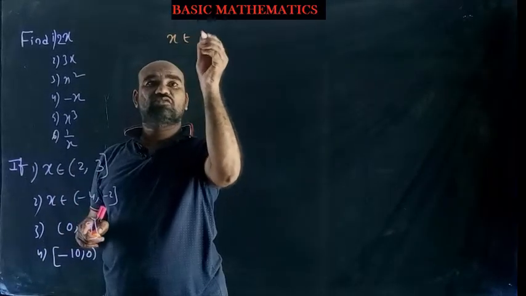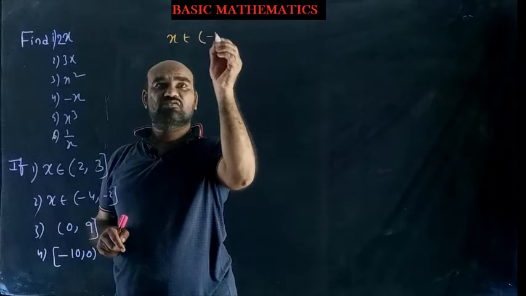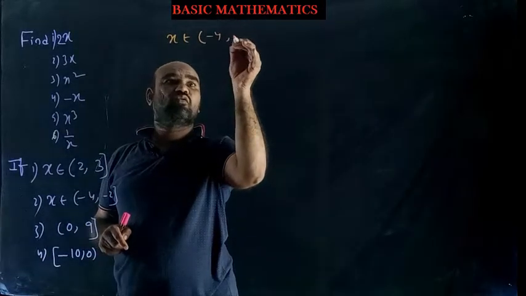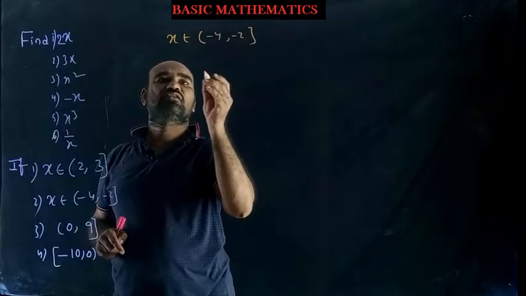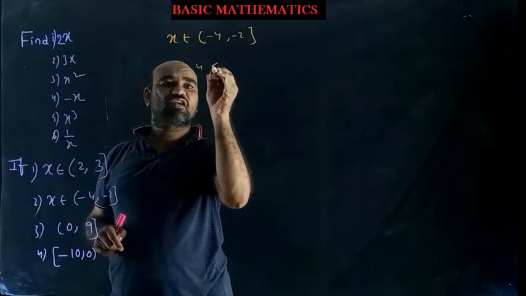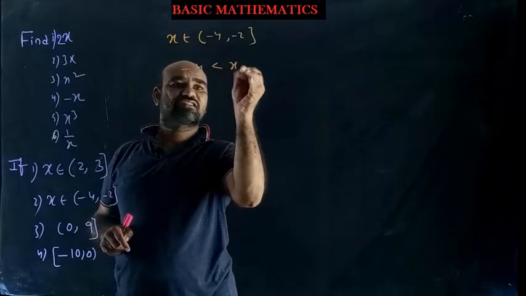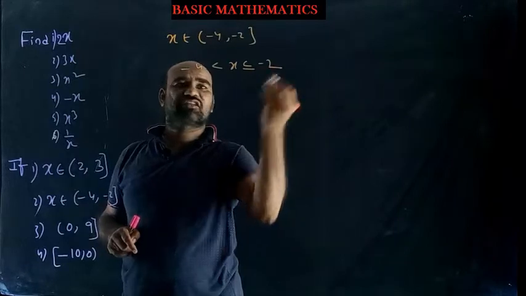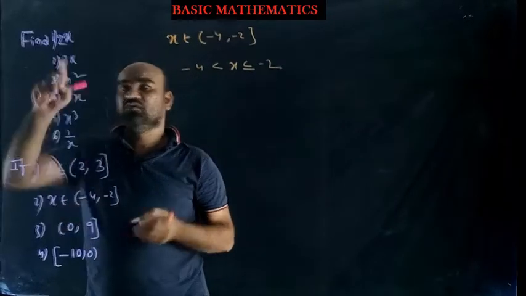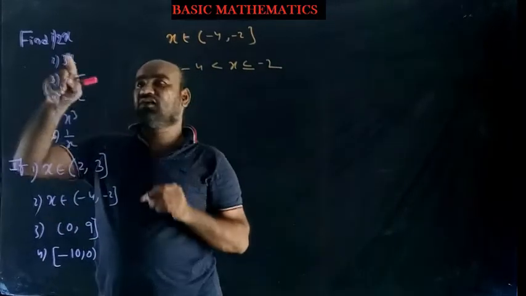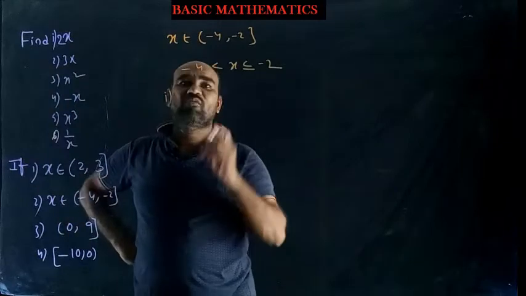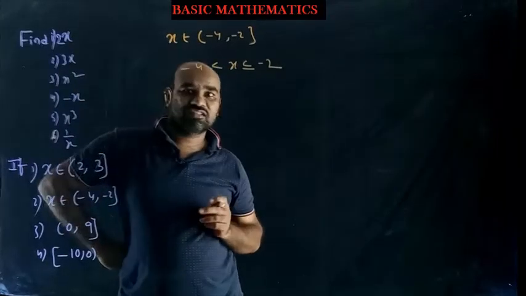x belongs to open minus 4 to minus 2 closed, or minus 4 less than x less than or equal to minus 2. This is the problem. First one, what do you want? 2x you want. I want to multiply 2 on all the sides.